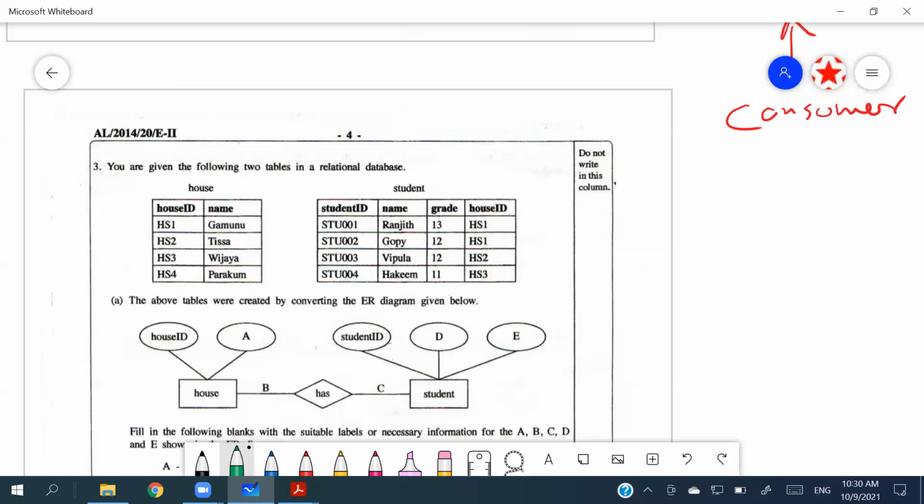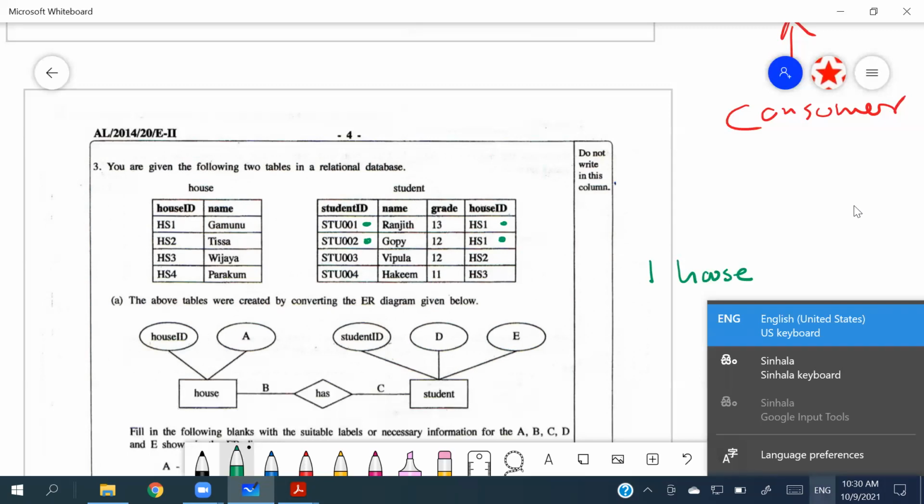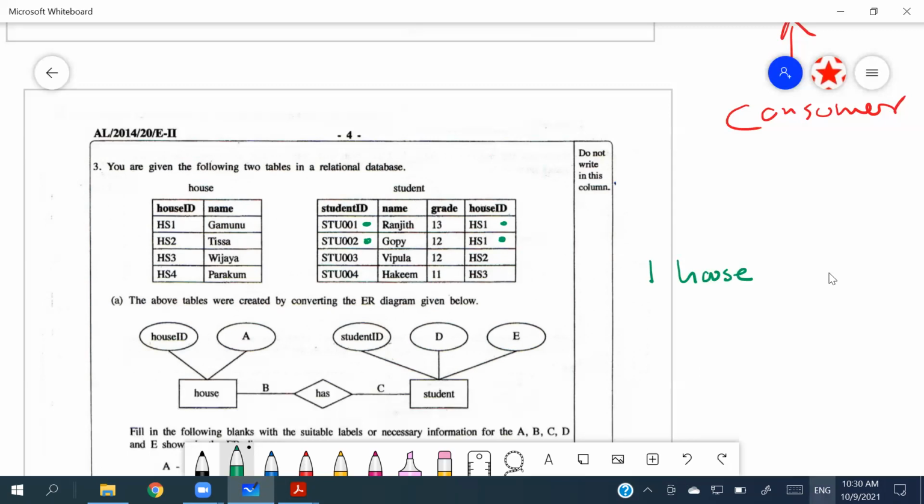Now look at the student. In student, STU1 is in HS1, STU2 is in HS1 as well. So that means one house and many students. Right? So one house has many students. And if you think about one particular student, STU001 has only one house ID.